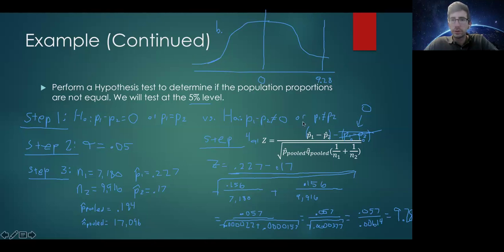To determine that, just like our previous one sample hypothesis test examples, we go back to our alternate hypothesis. The inequality is a not equal to sign here, so this is a two-tailed test. We need to find the negative 9.28 z value somewhere way over here, and we want the area under the curve to the left of that negative and to the right of our positive 9.28.